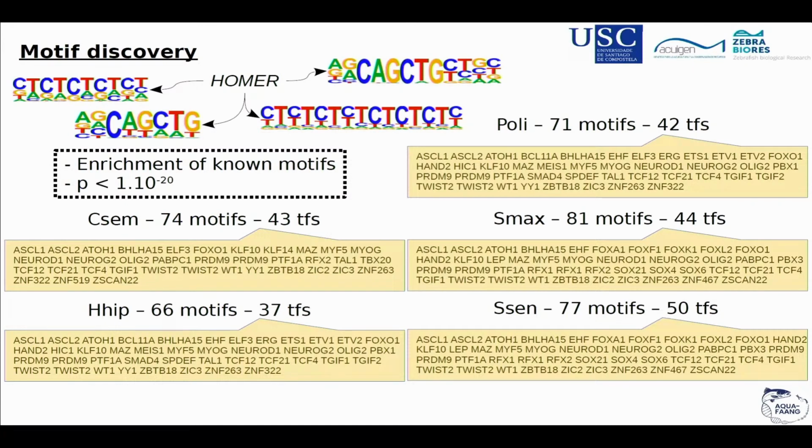After functional enrichment of the genes around the enhancers, what we did was look for known motifs in these enhancers. Using HOMER, we obtained between 16 and 80 motifs in the 1,000 enhancers in each of these species, which were recognized by around 30 to 50 transcription factors.